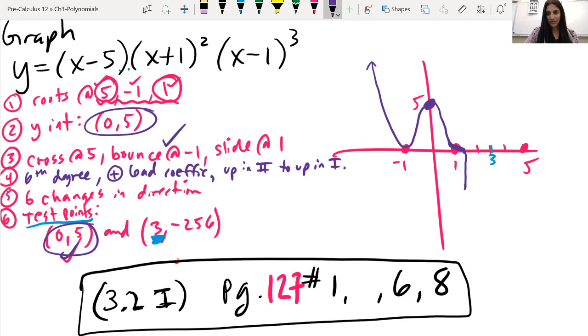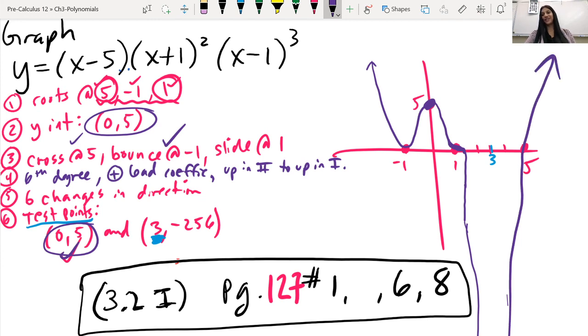And when it comes down here, I'm going to leave it quite open, because do you see that it would come down really far off of our graph? If it's going down to negative 256, it's going to be a drastic drop down. And that drastic drop down means it's also going to come back up to 5 and cross at 5. So I'm going to come back up like this. You get the idea. It's going to come back up and look something like that.